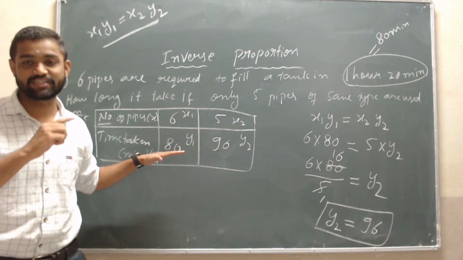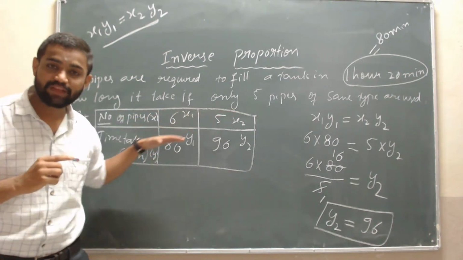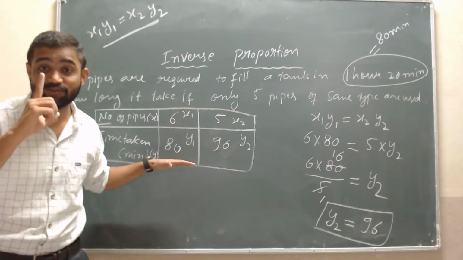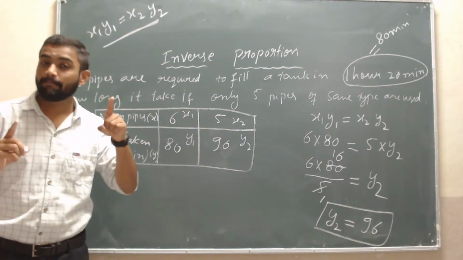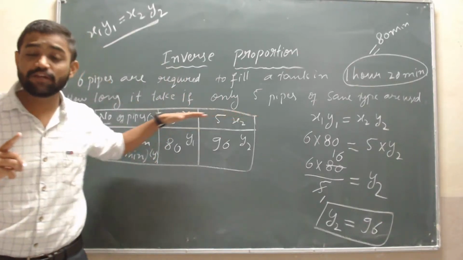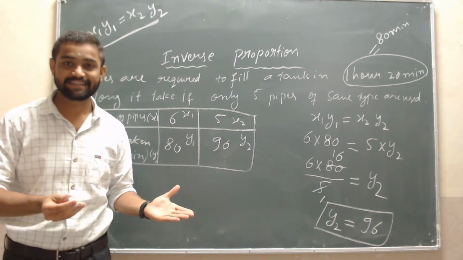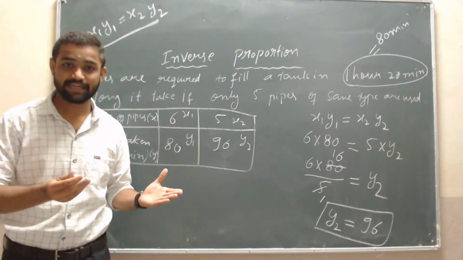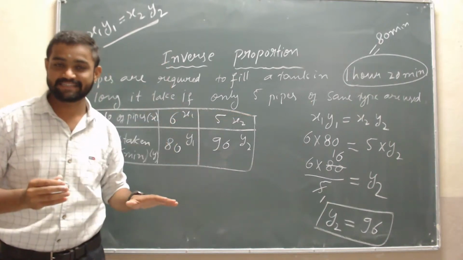That one we must concentrate on. That is called inversely proportional. Is it clear to you? But in direct proportion, as the x value increases, the y value also increases.